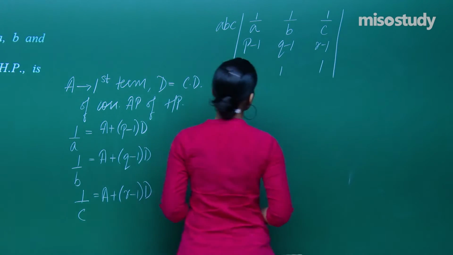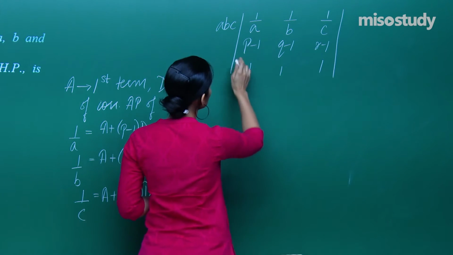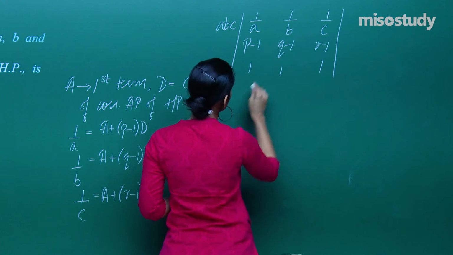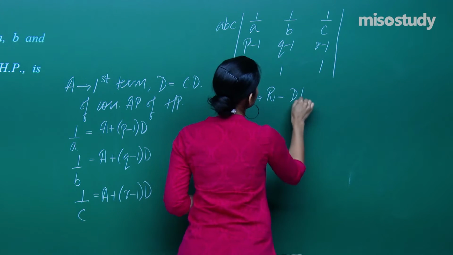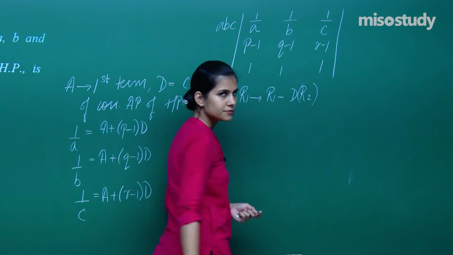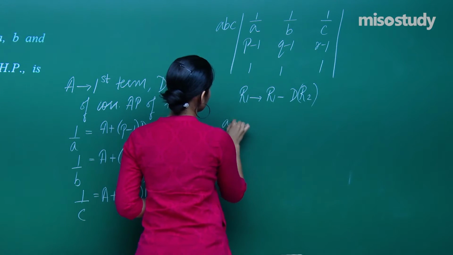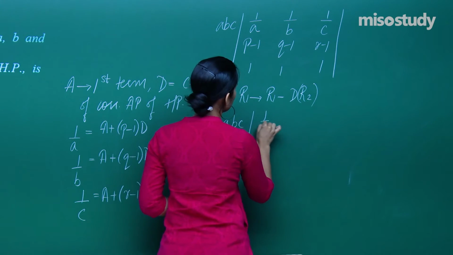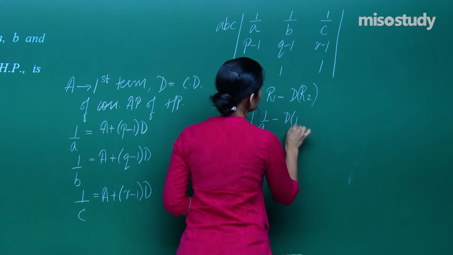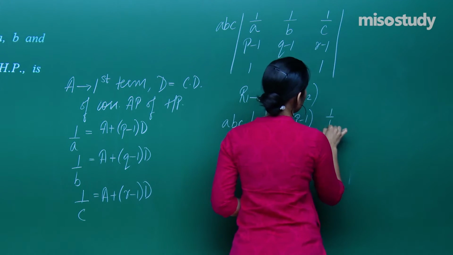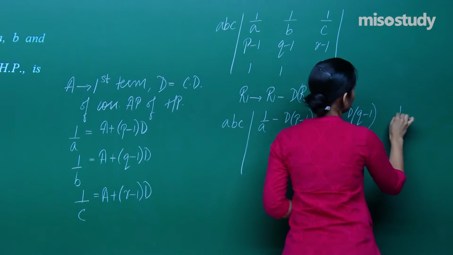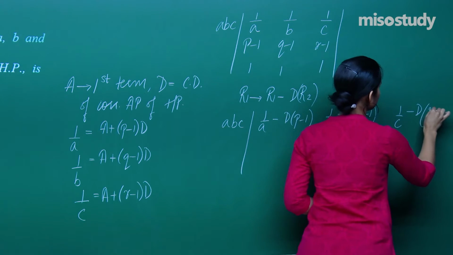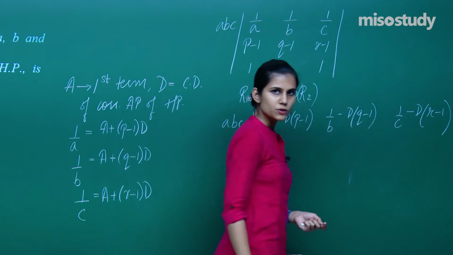After this, I am going to say that R1 goes to R1 minus d times R2. So when you do that, you get 1 by a minus d times (p minus 1), 1 by b minus d times (q minus 1), 1 by c minus d times (r minus 1).